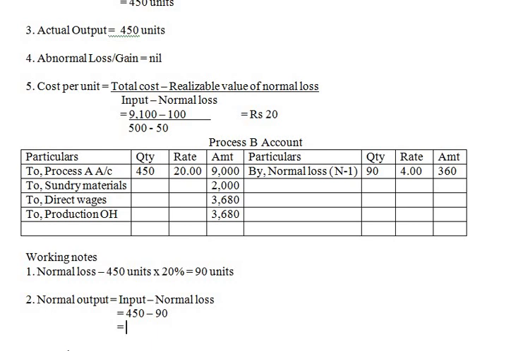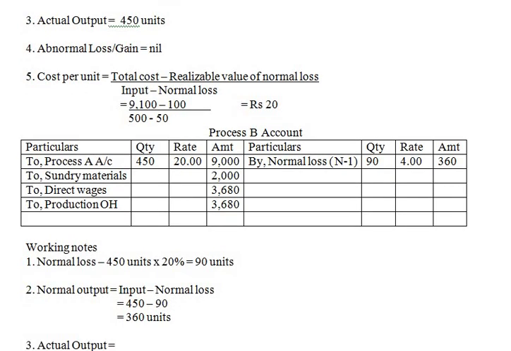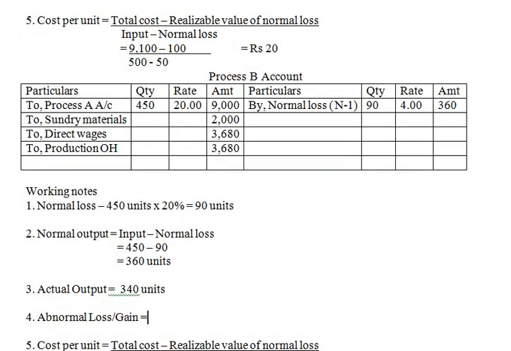Hope so everybody is understanding. So that will be 360 units. Now go through the problem and check how much is actual output for process B. So it is 340 units. As there is difference, it means there is abnormal loss or gain.